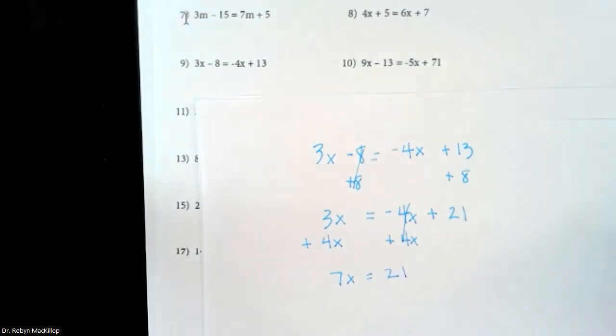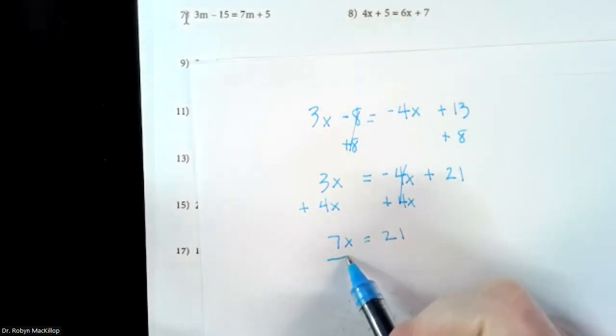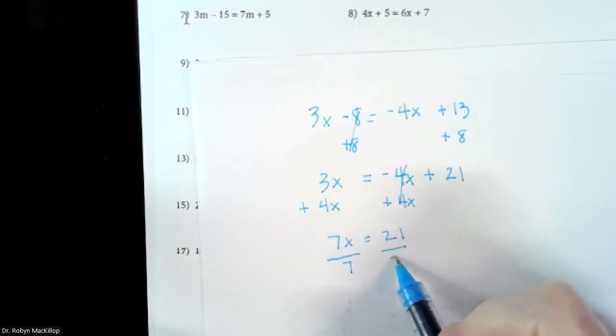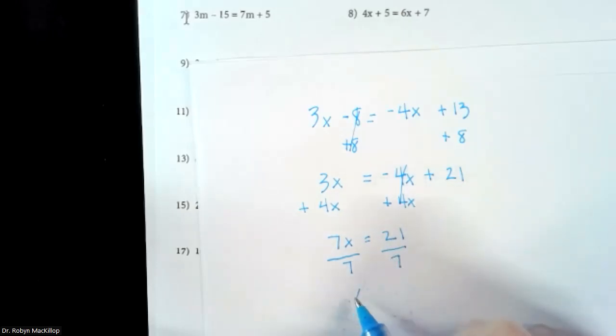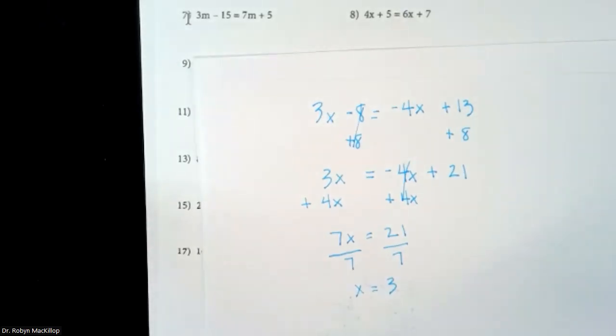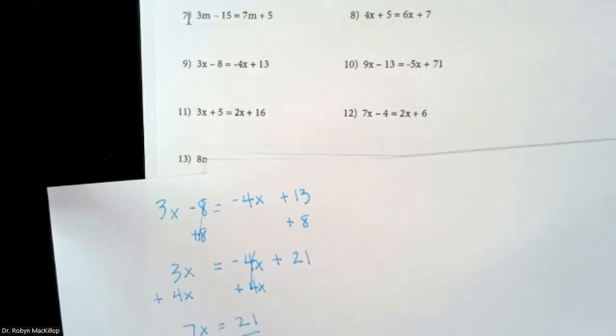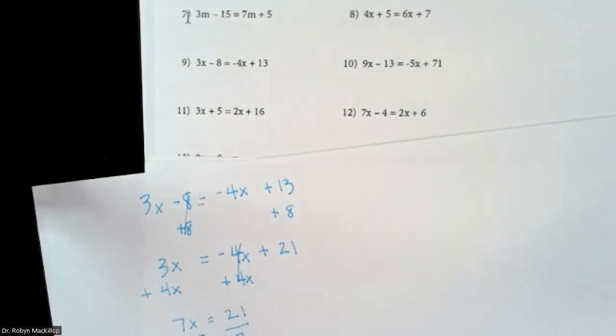It looks much more familiar now, doesn't it? One more step. We're going to get rid of that 7. Divide out the 7 on both sides. Your x equals 21 divided by 7 is 3. What do you think? Easy. Nice. I like that. Let's do one more and then we'll do the distributive property.